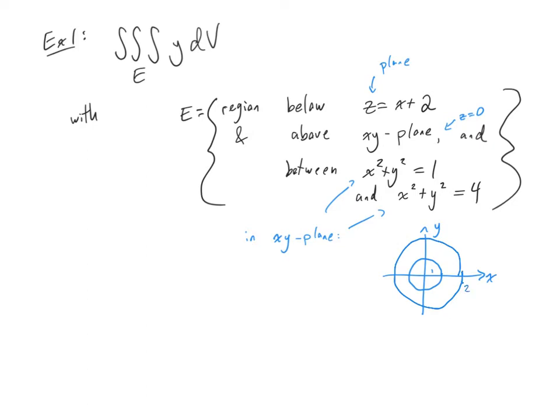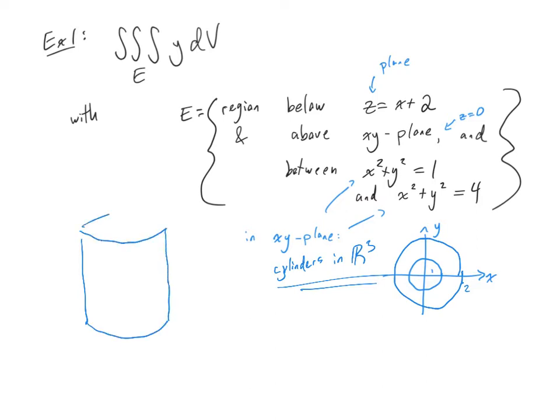Okay? Because there's no z in these equations, actually these are cylinders in R3. So what I have in R3 is this outermost cylinder, and then inside of it this other cylinder. Let's draw it like this.